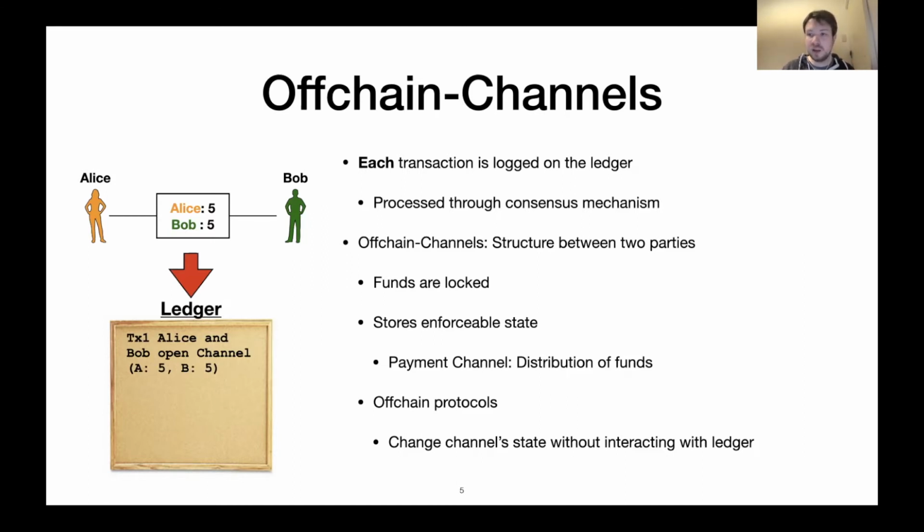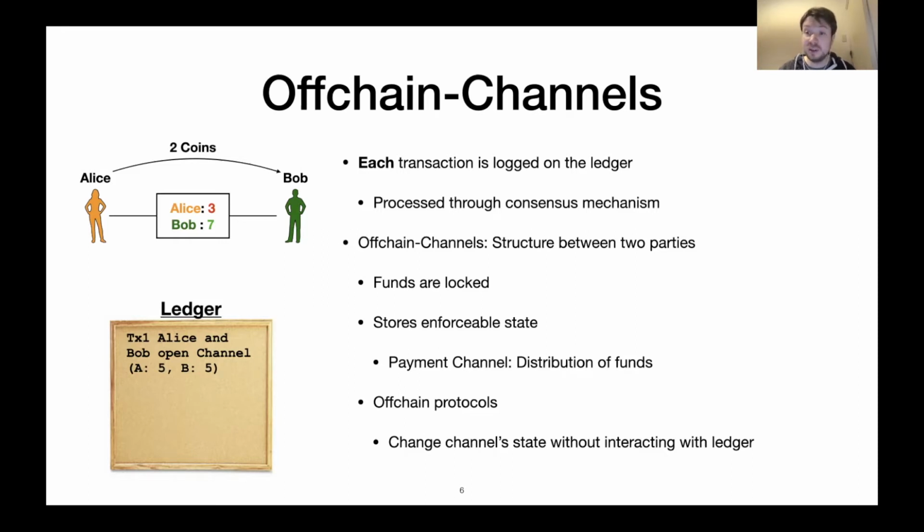Alice and Bob can modify the state without sending any transaction to the ledger. For instance, they could modify the state such that Alice has 2 coins less, but Bob has 2 coins more. This effectively would perform a payment of 2 coins from Alice to Bob.